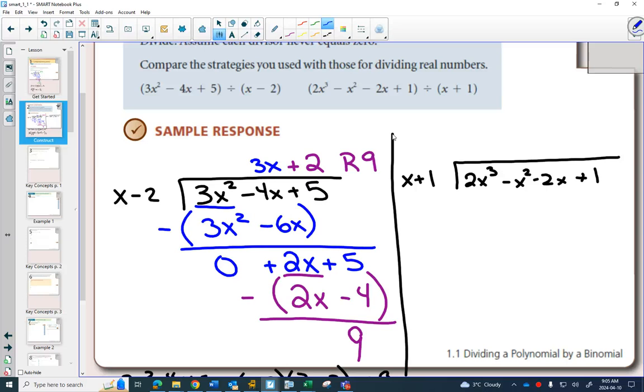You see the pattern? The first thing I would write on top is 2x squared, because I'm looking at this first one and saying, what could I multiply that by to get 2x cubed? Well, 2x squared times x is 2x cubed, and 2x squared times the plus 1 is plus 2x squared.